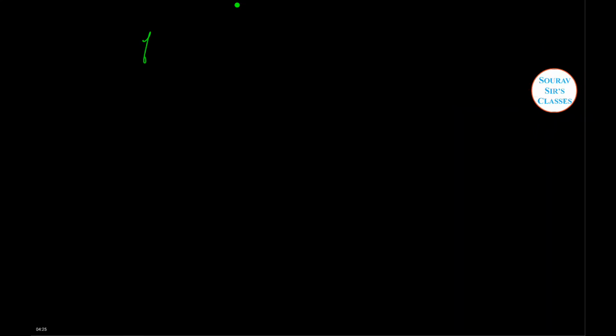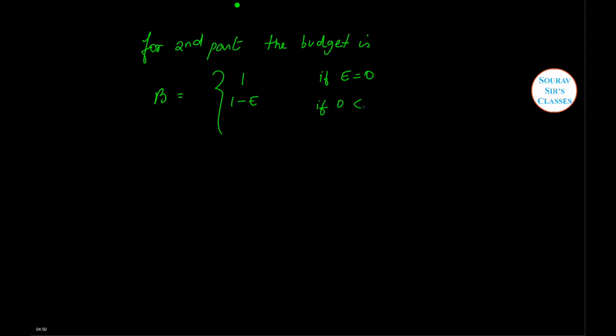So for the second part, the budget is B equal to 1 if E is equal to 0, 1 minus E if E lies within this range, and 1 minus 2E if E is greater than half.